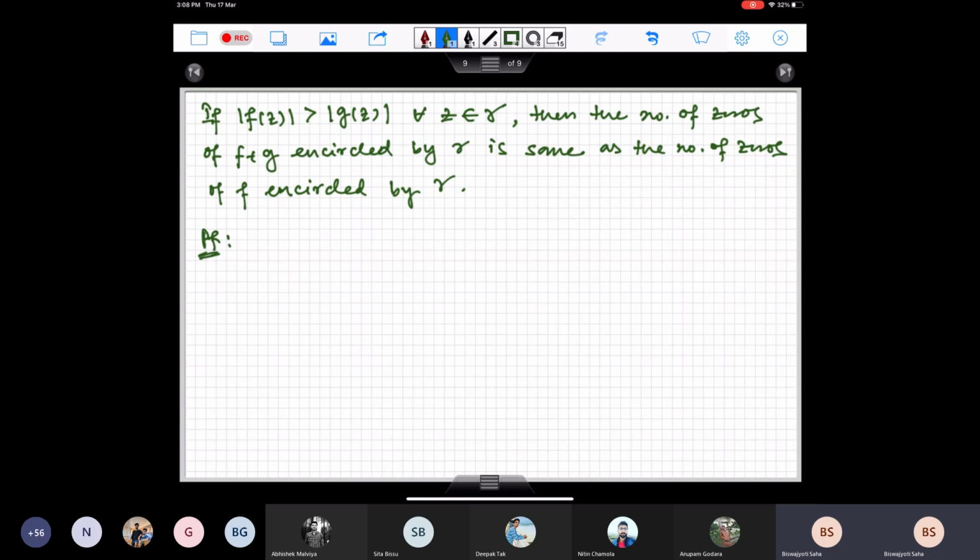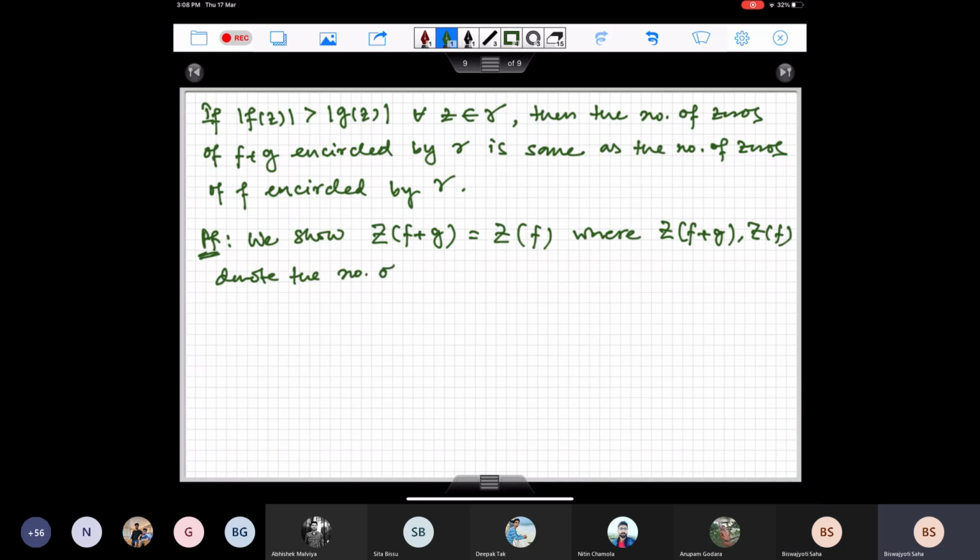Here I don't have any poles, but effectively I need to show that the zeros of f plus g equal the zeros of f, where Z of f plus g and Z of f denote the number of zeros of f plus g, and f, encircled by gamma.